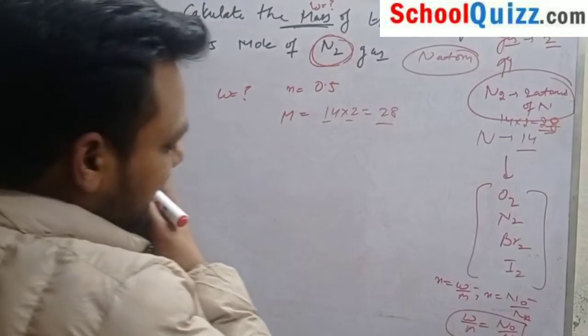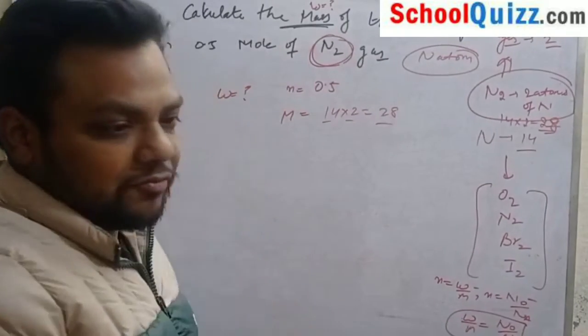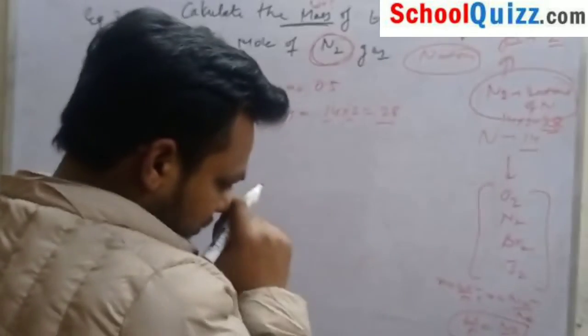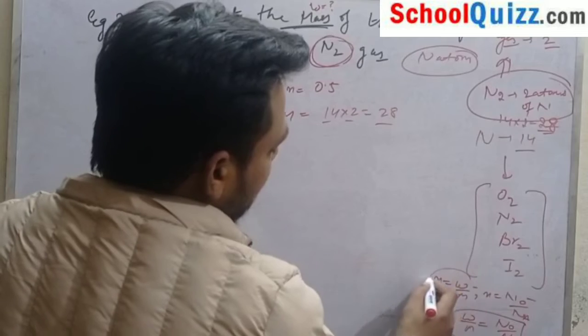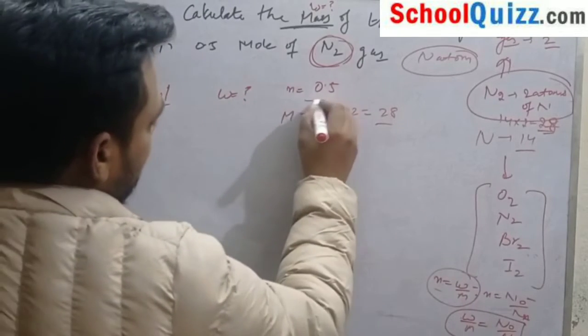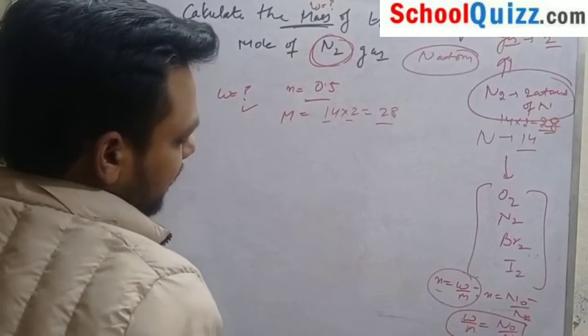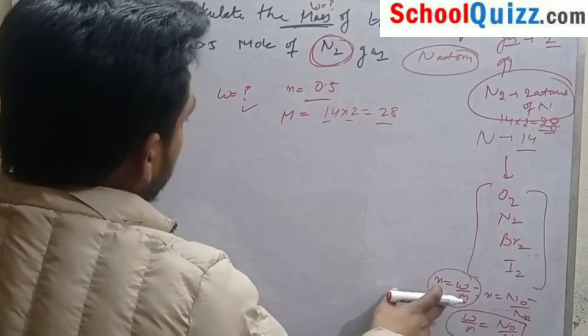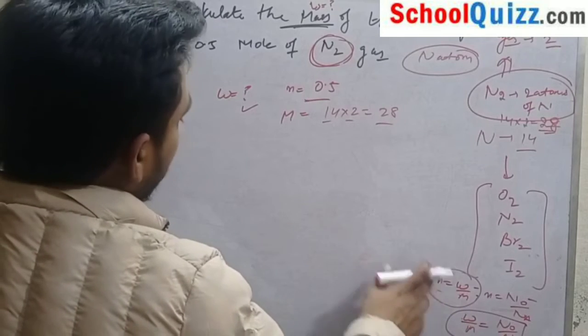We will think about which formula we have to use in this numerical. If we apply the first formula, n equal to W upon M, n is given, W we have to find, and we have M.